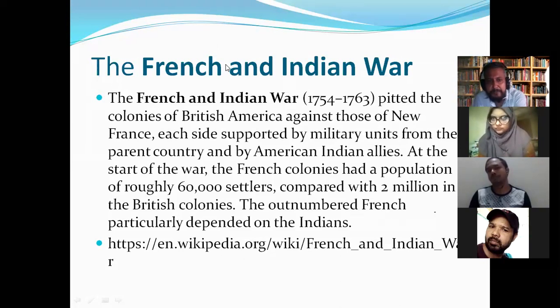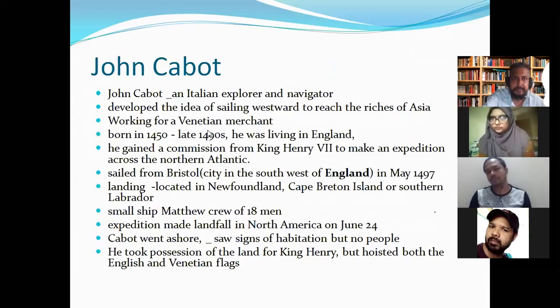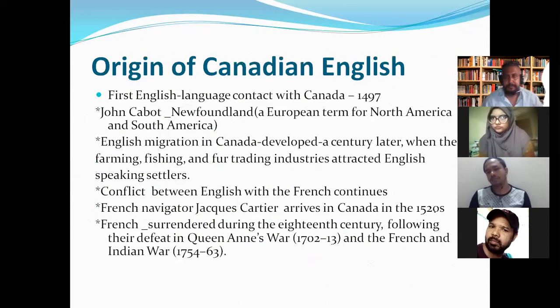So the outnumbered French became dependent on the Indians. So the French and the Indians took one side and the British people took the other side. So this is the historical situation we see in Canada in the case of the contact of the English language.